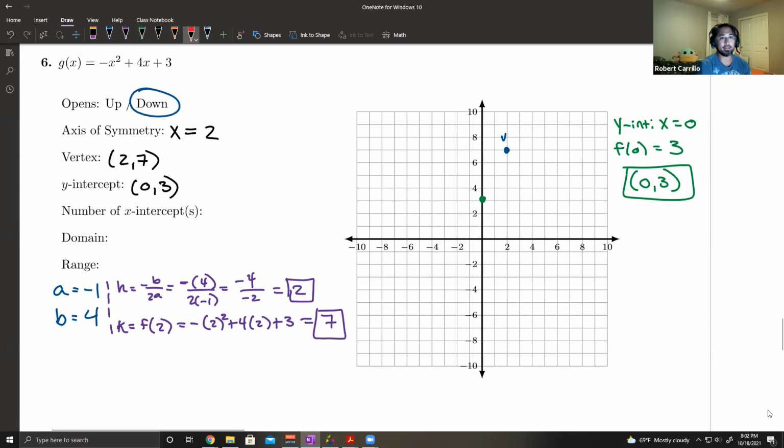Let's find that other point, which means let's just reflect it across the axis of symmetry. So if this point is 2 spaces away, the other point reflected across will also be 2 spaces. Okay, beautiful. And connect. We open down.